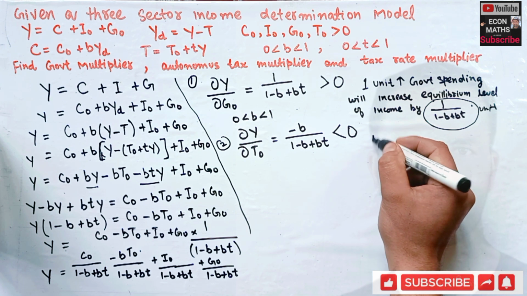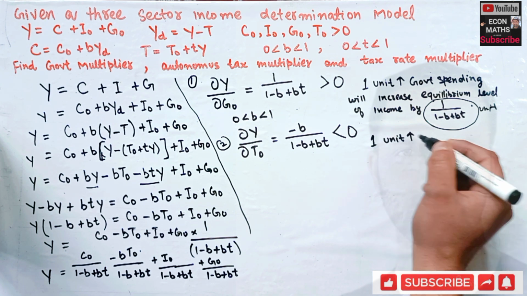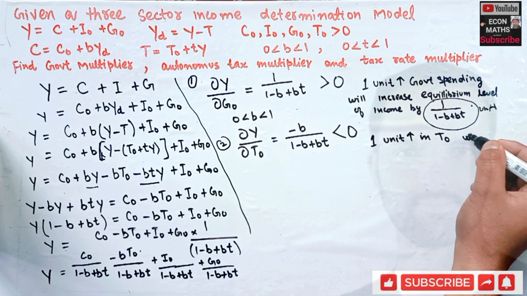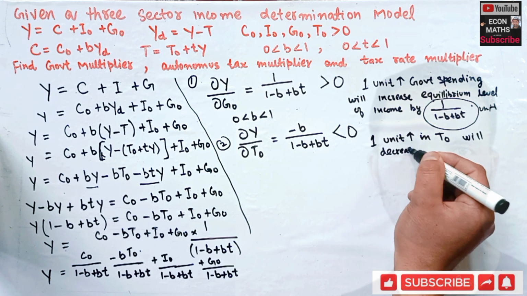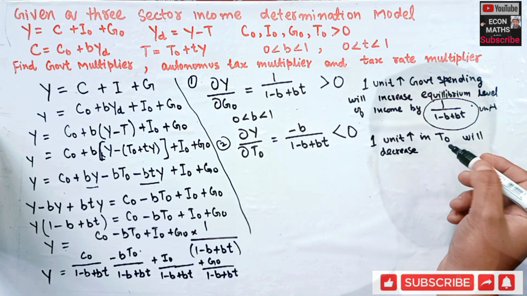It simply tells us that a 1 unit increase in autonomous tax, t naught, will decrease the equilibrium level of income. There is a negative relationship because we had the negative sign here.